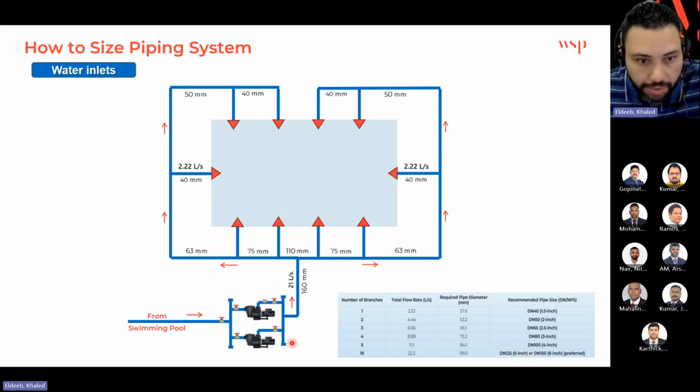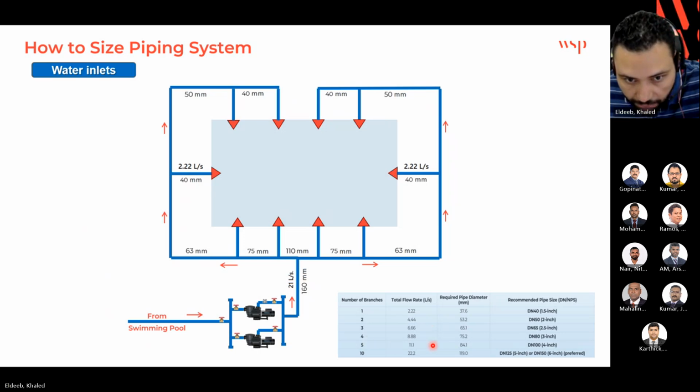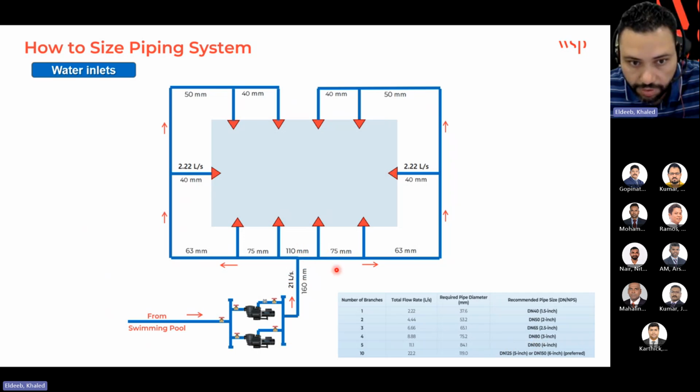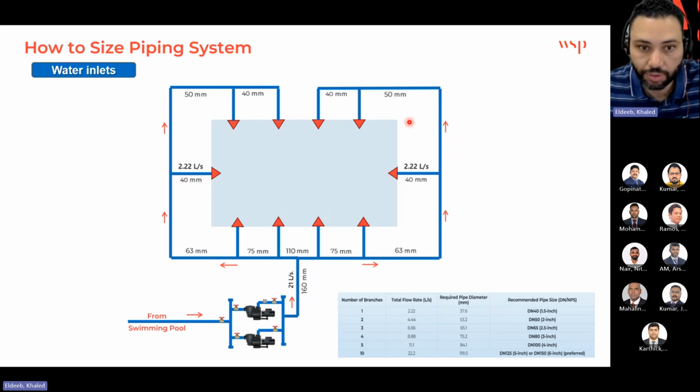And then we have this flow in this direction, feeding 1, 2, 3, 4, 5. So this one, 5, which means 4 inch. Sorry, this one feeds 5, which means 4 inch. Here feeding 4, 3 inch. Here feeding 3, like that, and so on.